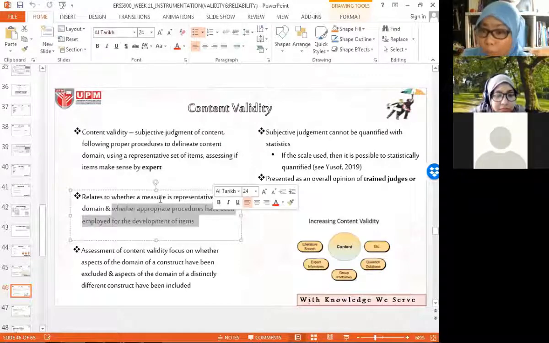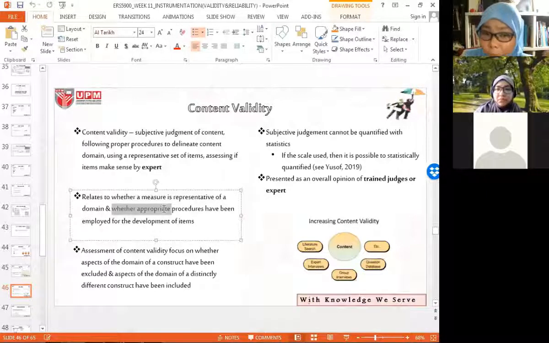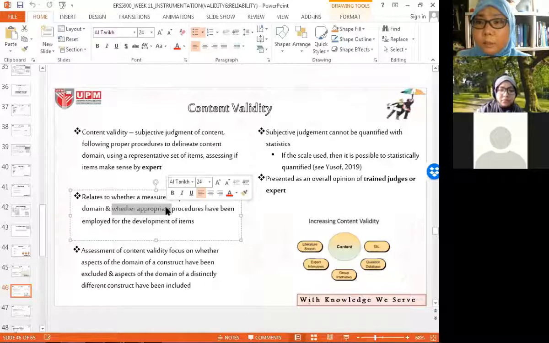Dia akan tengok juga either you already follow the appropriate procedure when you employ the instrument. Probably it will include either you already get the permission from the author. Ini adalah antara prosedur dia.